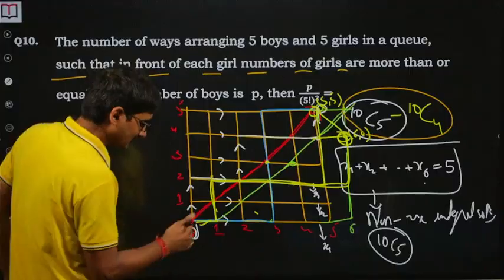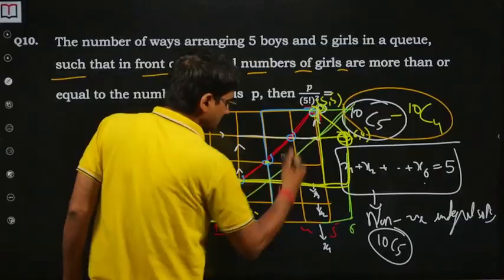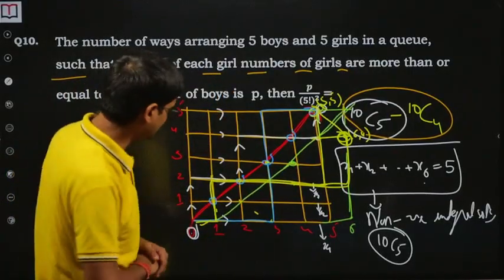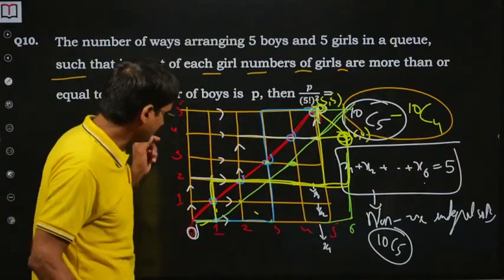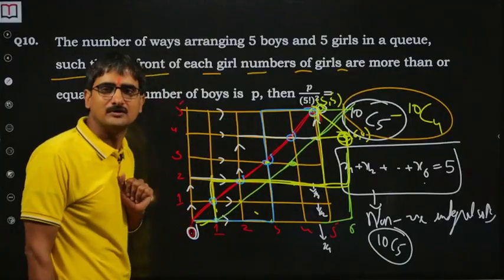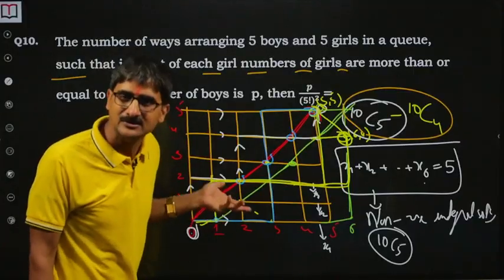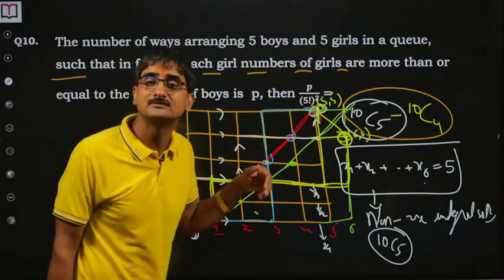I said, okay, if you don't have to cross this diagonal, red diagonal, so that means when you are moving horizontally, if you are here, you have to take only one step vertical. If you are here, you can't take more than 2 steps on the vertical line. On the 3rd vertical line, you can't take more than 3 steps.